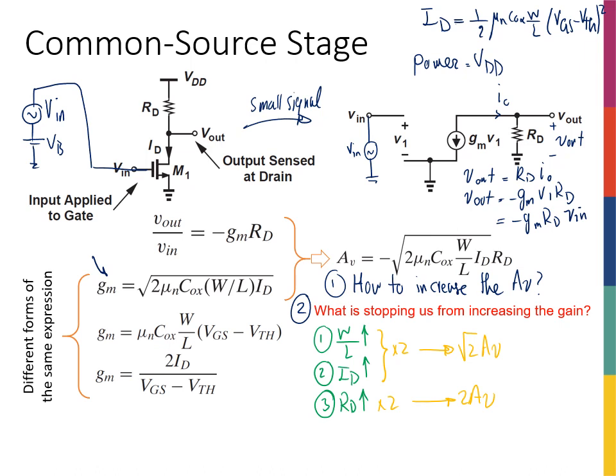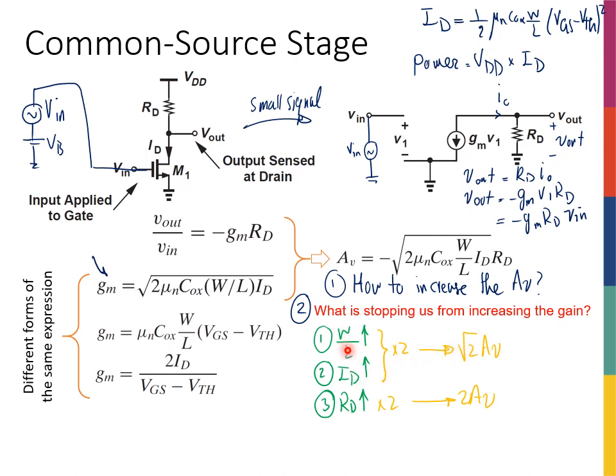In here, I just have one branch coming out of VDD, so it's going to be VDD times ID, right? So the moment I start increasing ID, I'm linearly increasing my power. So every time I multiply my power consumption by 2, I'm only getting a gain increase by a factor of root 2. So it's not a good bargain. It's not really something that I like.